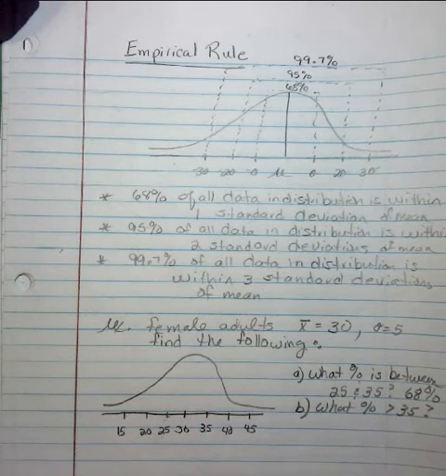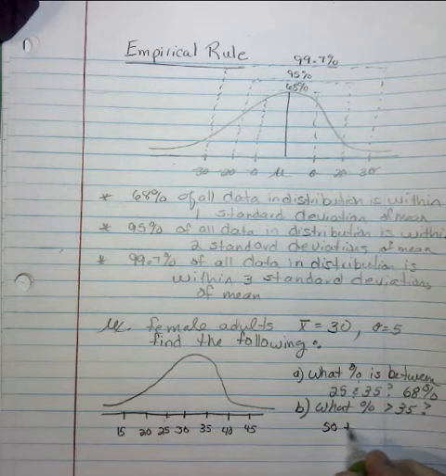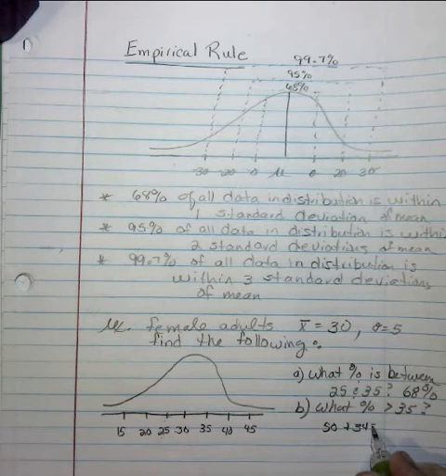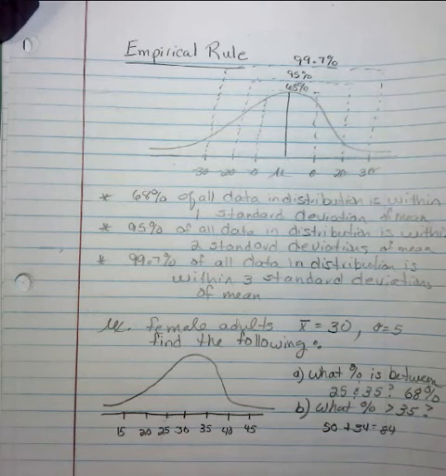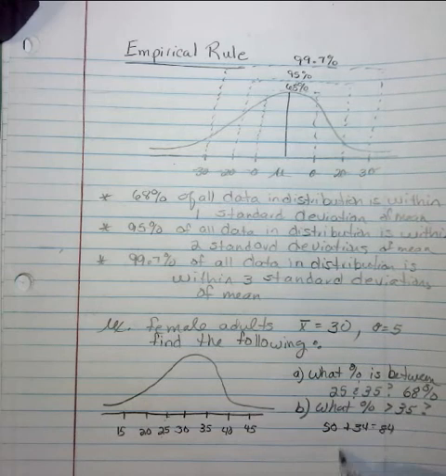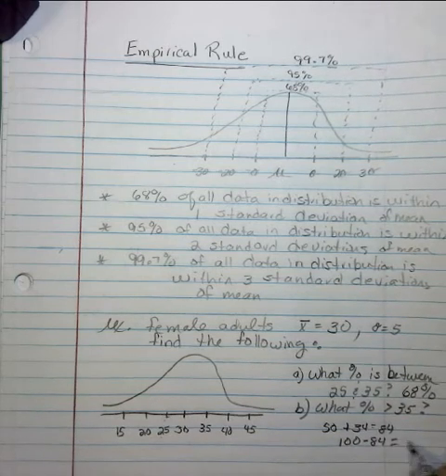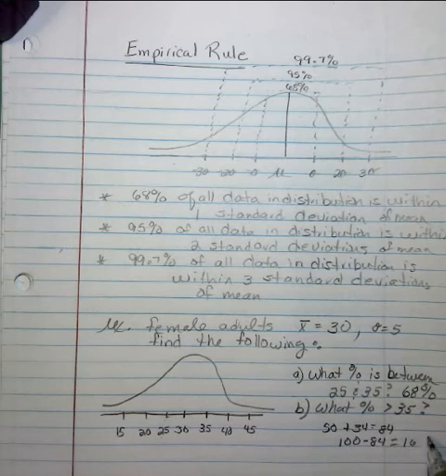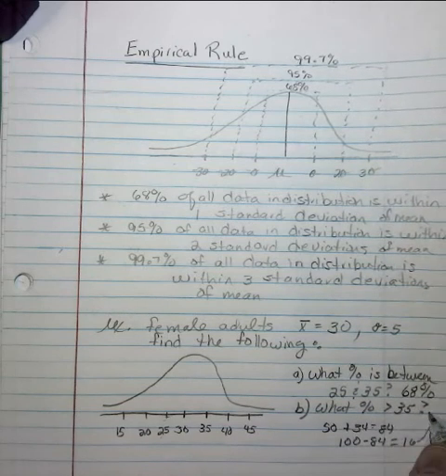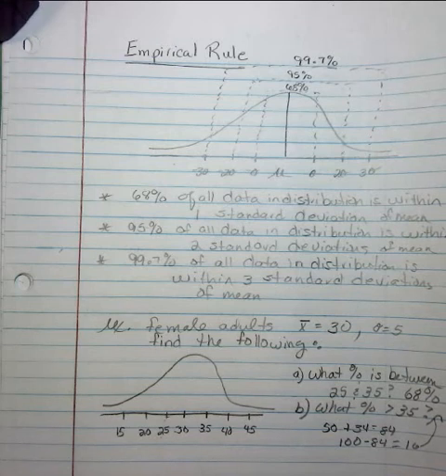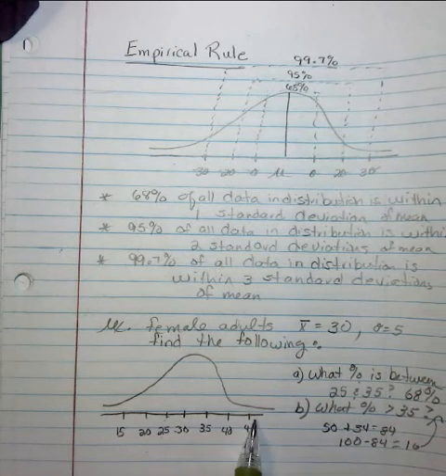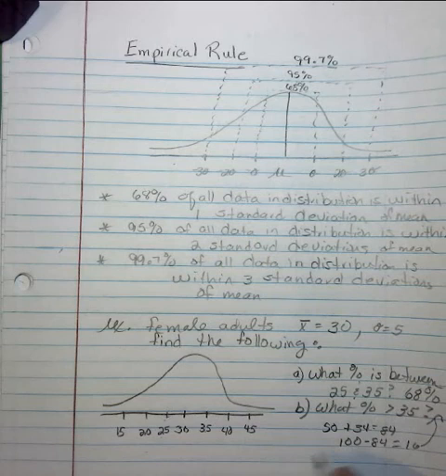So that's 50 plus 34, which makes 84, and everything would be 100%. So 100 minus 84% means that there would be 16% left, and that would be the answer to our problem. So we have to use the empirical rule information, but we may have to manipulate it a little bit in order to find answers to certain kinds of questions.